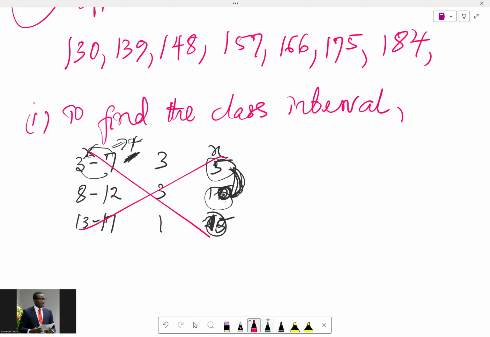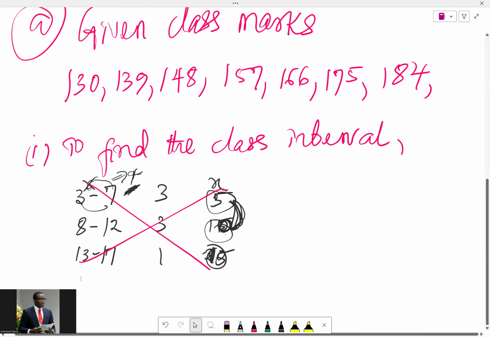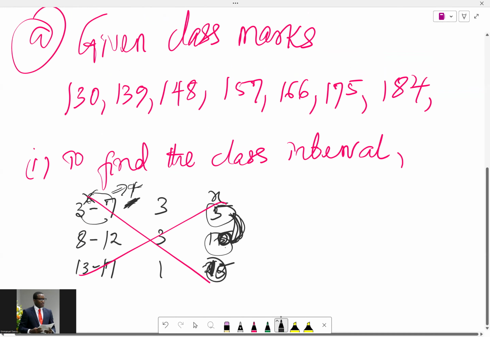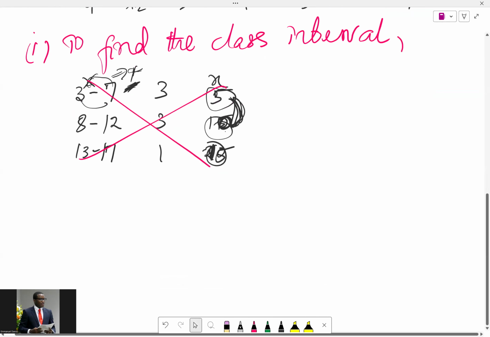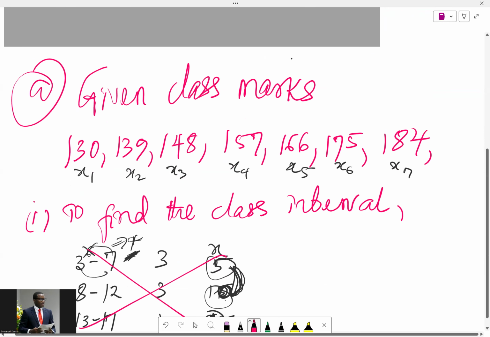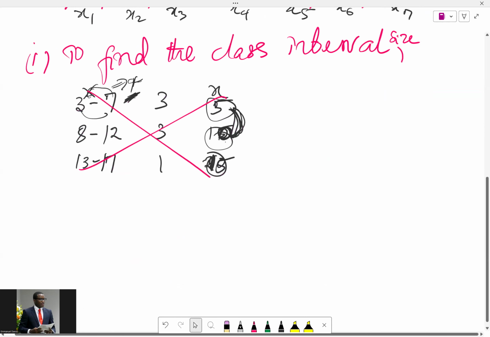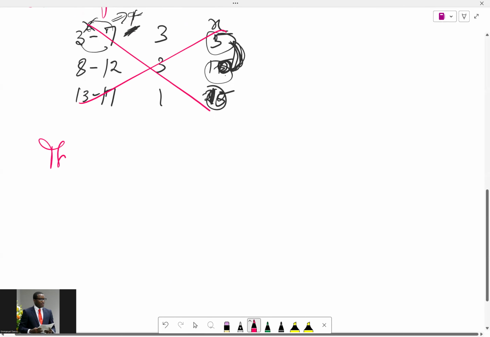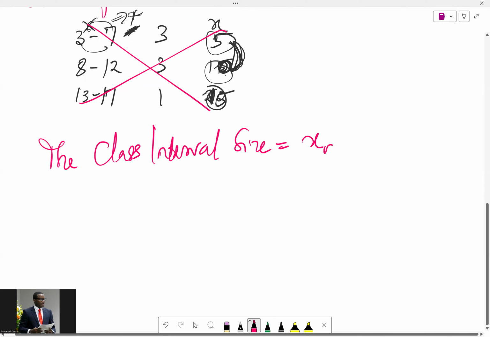In my case, if these are x1, x2, x3, x4, x5, x6, and x7, and we are looking for the class interval size, I can say the class interval size is equal to x(n+1) minus x(n) minus 1.